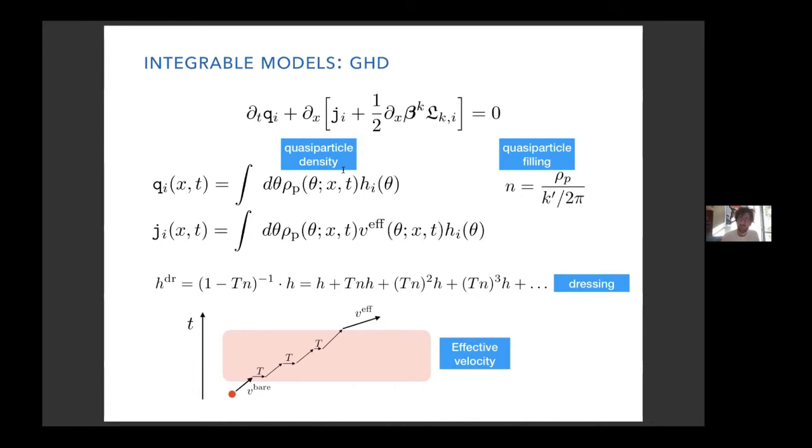Yes, very good. The scale is always the scale of variation of our fluids. We have to assume that all the quantities vary smoothly in x, and that we only care about this order.